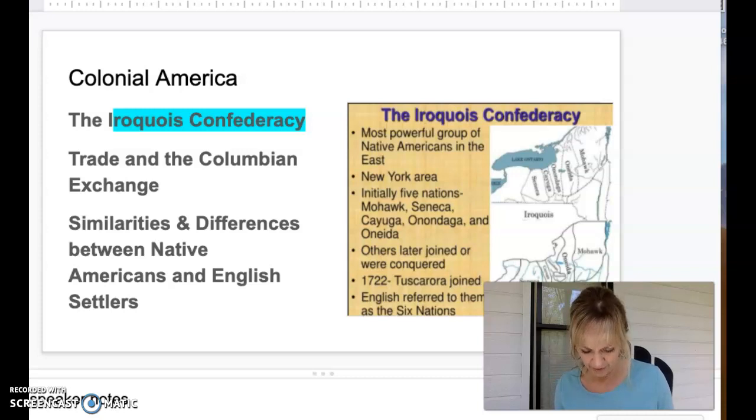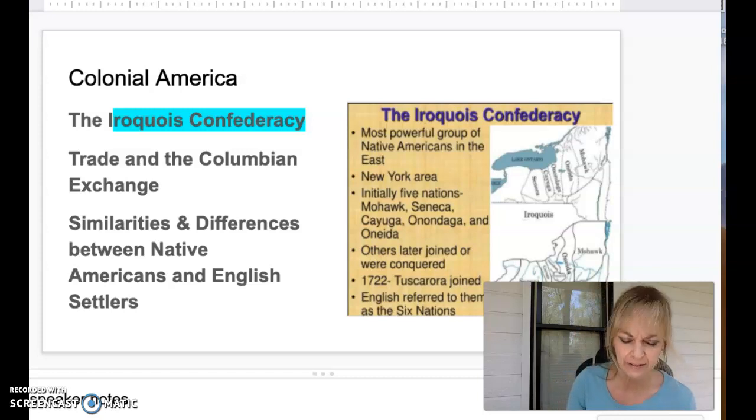All right, the differences between Native Americans and English settlers. The main differences are like what I talked about before, that Native American societies were matriarchal, whereas European societies were patriarchal. So be sure you know the difference between those two. Also, one big conflict is going to be over the idea of land ownership.